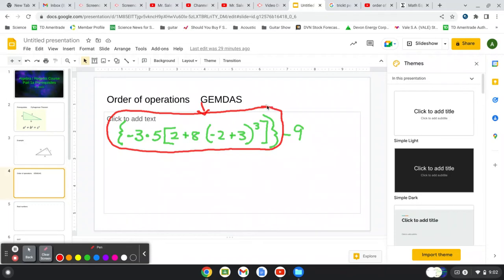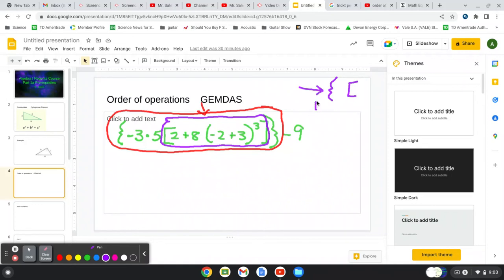So we don't really care about the -9 yet. And everything in this red circle or red oval, whatever you want to call it, we'll use another color. I'll use that. We want to concentrate on the brackets first. Sorry. Remember this, those are brackets. Those are braces, right?